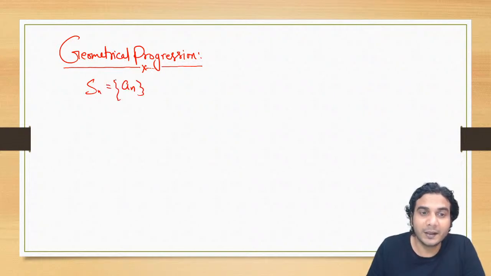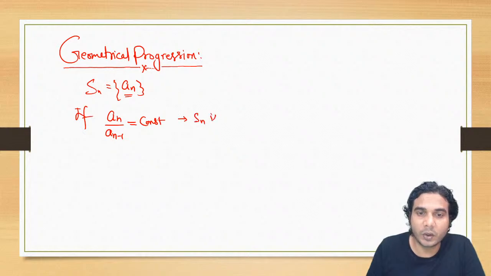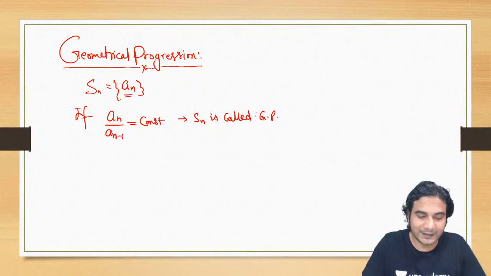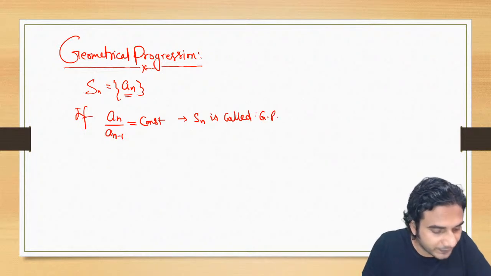If you remember sequences, you write the general term in curly brackets, a short form of representing a sequence. So if an upon an minus 1, that means nth term upon n minus 1th term, is constant, then the sequence is called a geometric progression. So if the ratio of two consecutive terms is a constant, then the sequence is called a geometric progression.